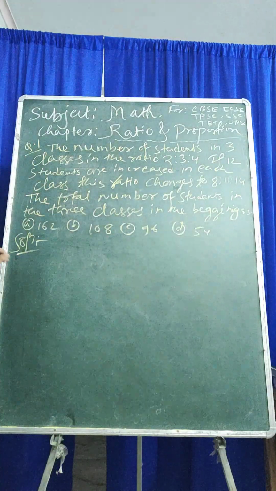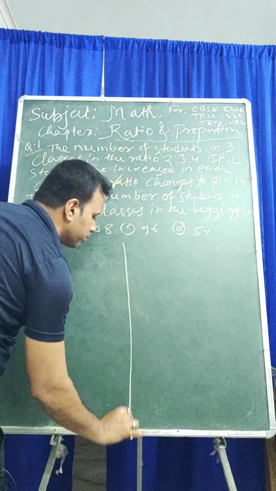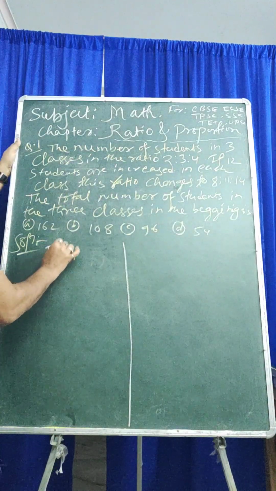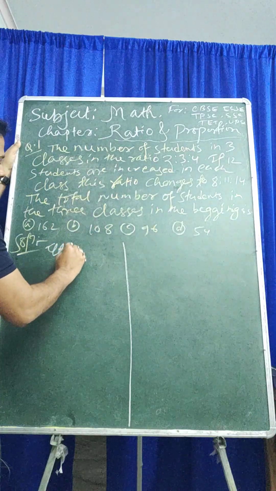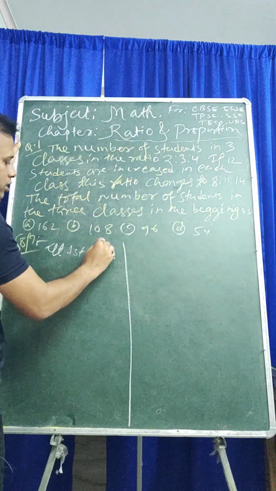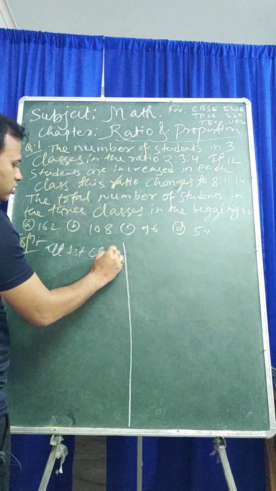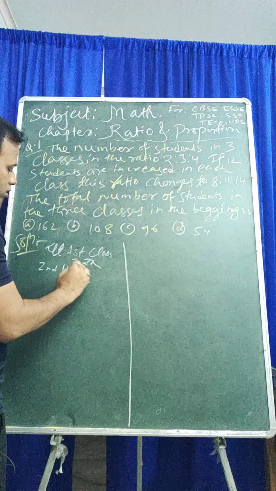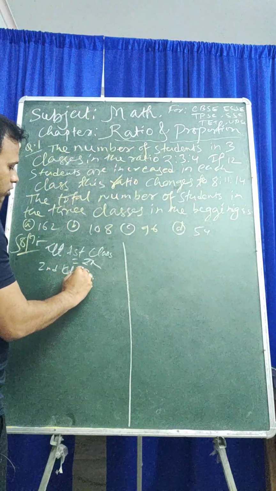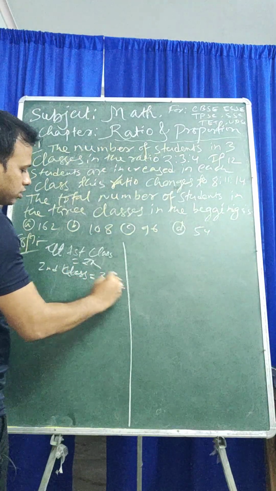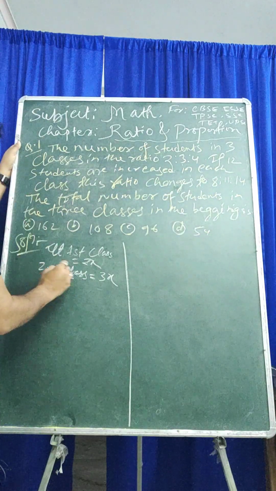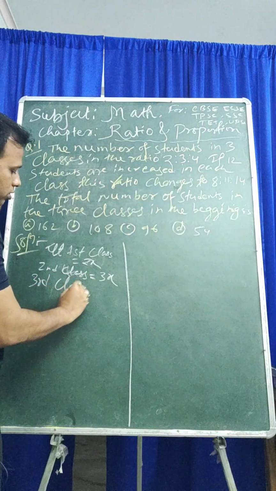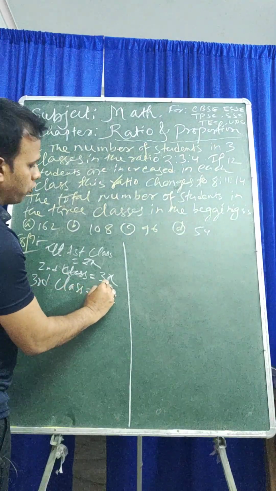So initially what is given? They gave the ratio of 3 classes. So let the first class have 2x students, the second class have 3x, and the third class have 4x students.